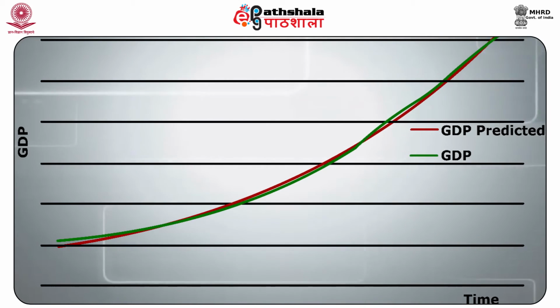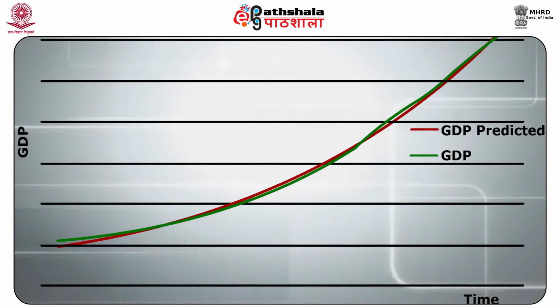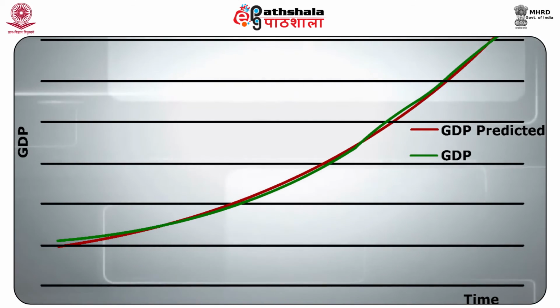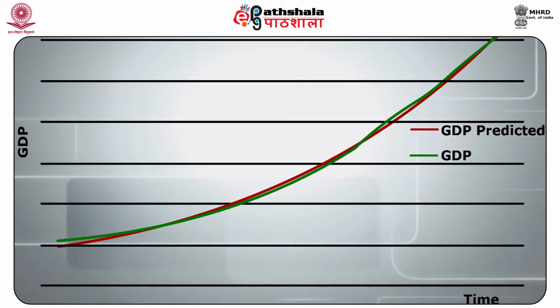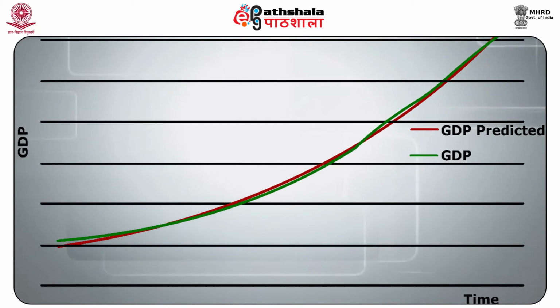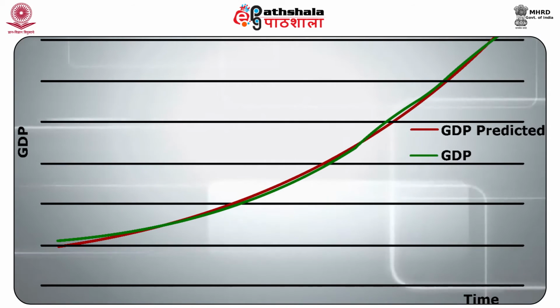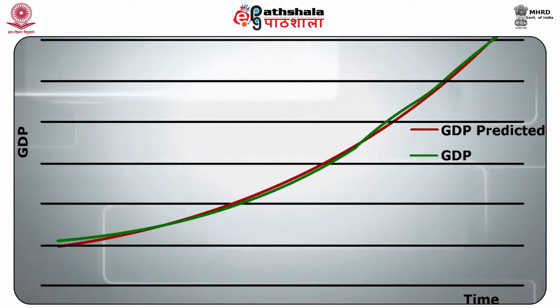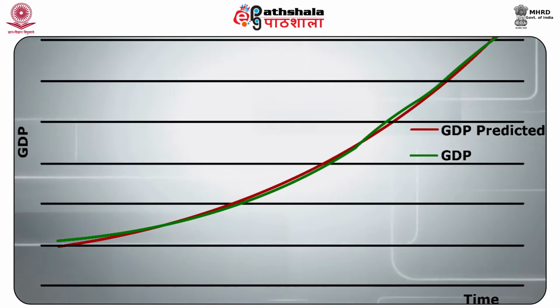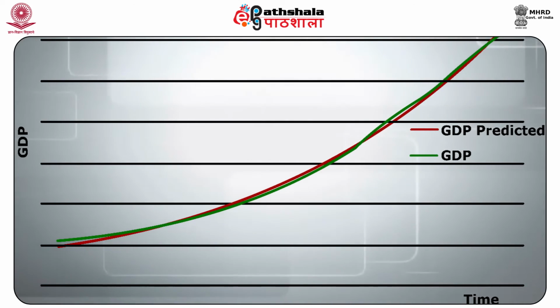The original equation, the algebraic form of the equation, is GDP is equal to e to the power of a plus bt. When we log linearize it by taking log on both sides and adding an error term, it becomes log of GDP subscript t is equal to a plus b t, where t is the year, plus u subscript t.